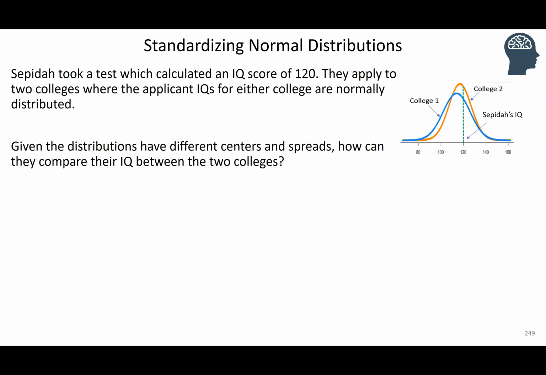And they applied it at 2 colleges, and for some reason, collect student IQs of these 2 colleges, and they're normally distributed at both colleges. So given the distributions have different centers and spreads, they want to figure out at what college did they score higher, right? So they still scored 120 at both, but is 120 higher for college 1 than it is for college 2 or vice versa? That's what they want to figure out.